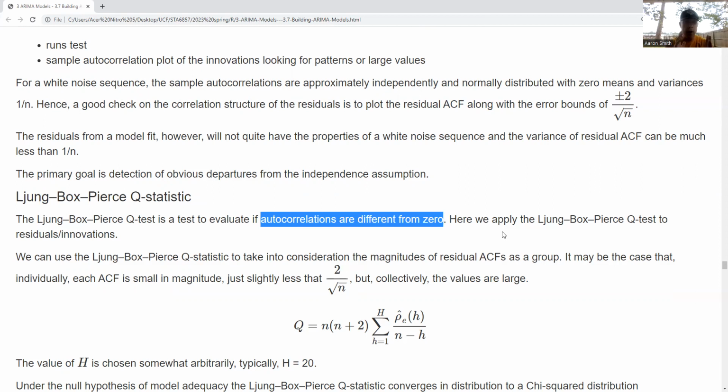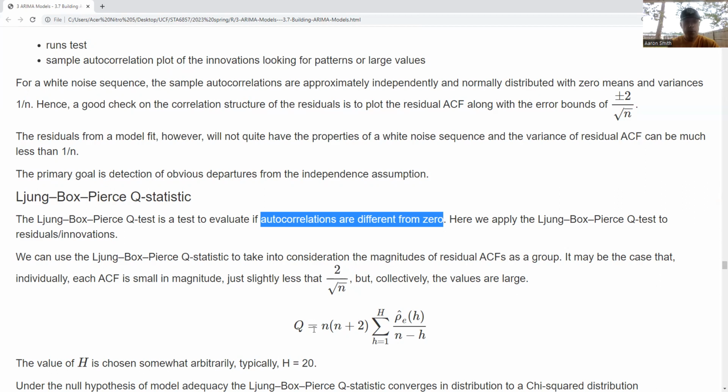The reason this is important is because individually, each of the autocorrelation values might be just a little bit below the cutoff, but all of them are just below. If all of them are just below, cumulatively, I have something significant going on. So this is checking an overall global aspect.